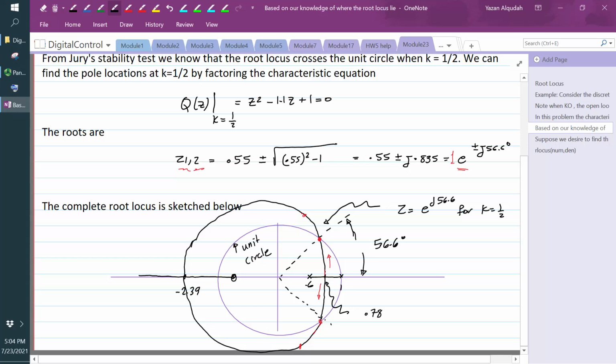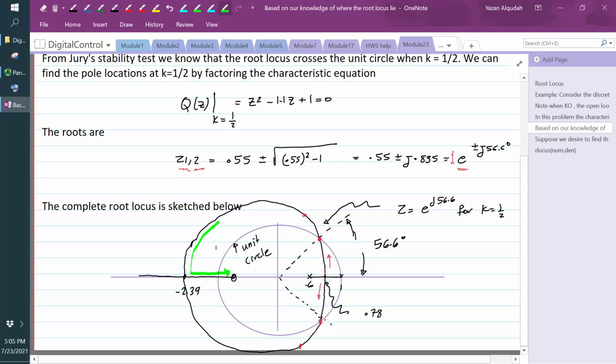Now you can see also, one thing just to point out: as we increase k, eventually one of the poles is going to become inside the unit circle. So somebody might think, okay, there must be another limit on k, and when I exceed it, I'm going to be inside the unit circle.